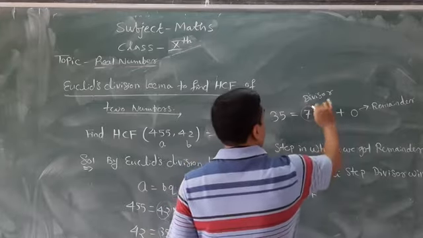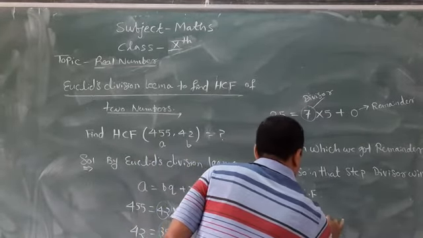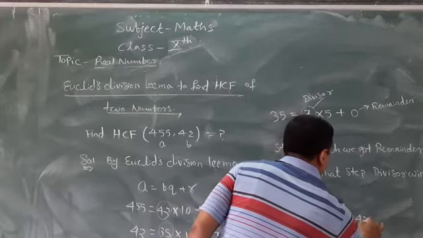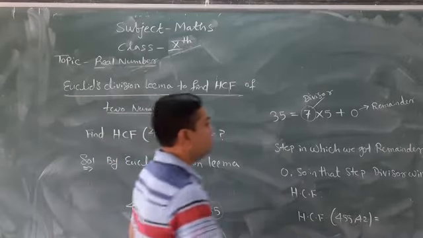So this is your HCF. So we can say the HCF of 455 and 42 will be how much? The HCF of 455 and 42 will be 7.